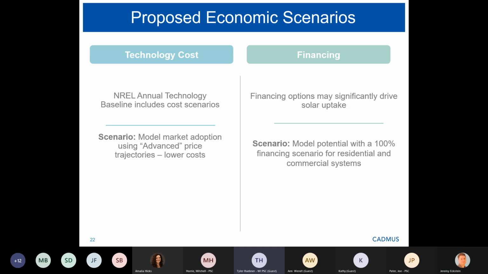Essentially, it'd be lower costs as the years progress, and then we would see what impact that would have on uptake. Is that right? That's exactly right. And is there a way, if we didn't run a scenario specifically on that, that we could somehow impute the results?